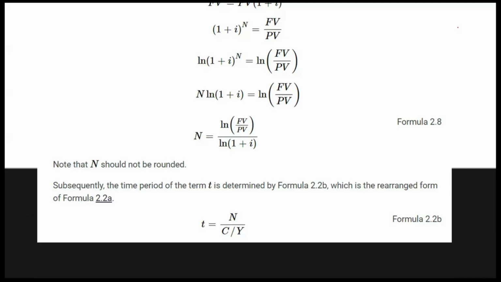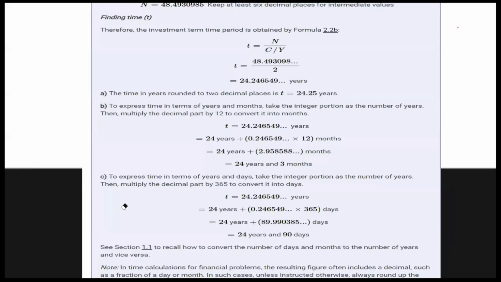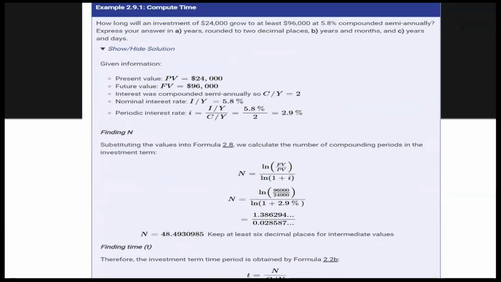A little example with that. You want to know how long it will take an investment of 24,000 to grow to at least 96,000 at 5.8% compounded semi-annually.